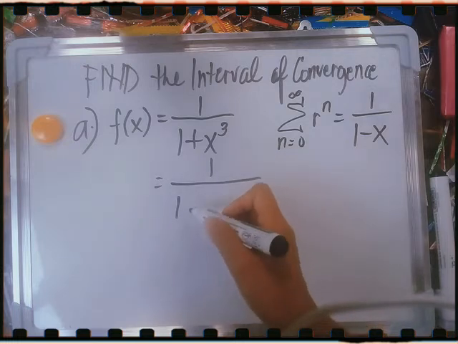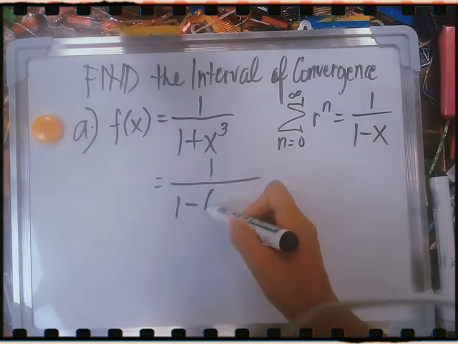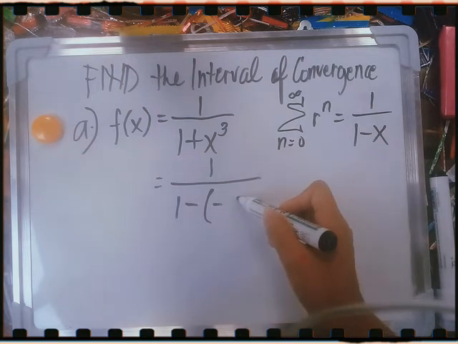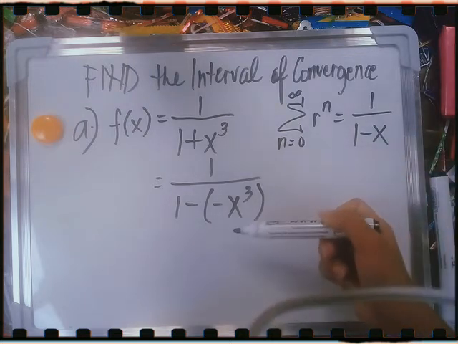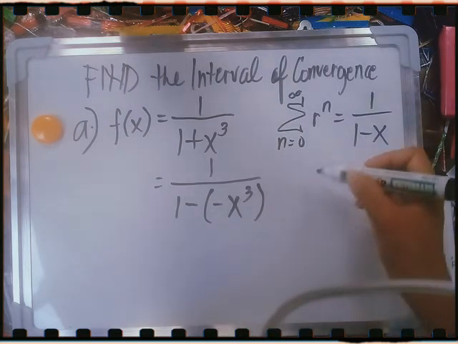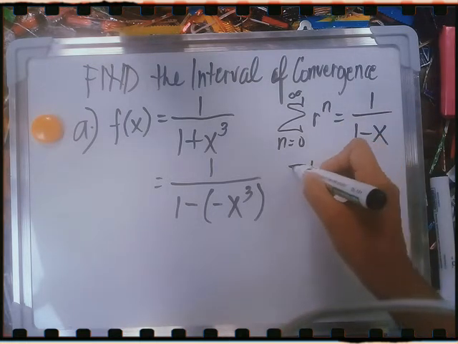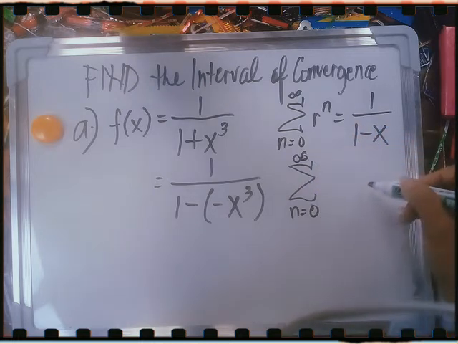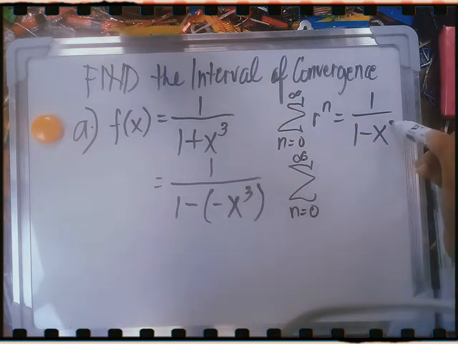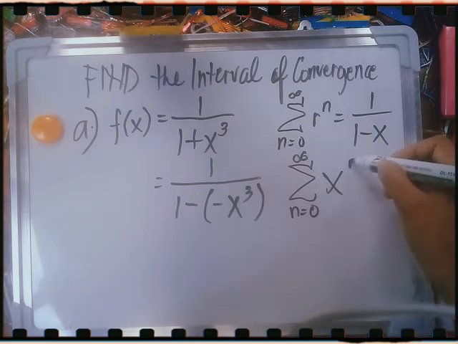Itong positive, pwede siyang negative times negative. So, 1 minus negative x cubed. So, same na siya. Ang value ng x natin is negative x cubed. So, sa power series, kung i-convert natin ito sa power series, kukunin lang natin yung value ng x, which is this one, and then raised to n.